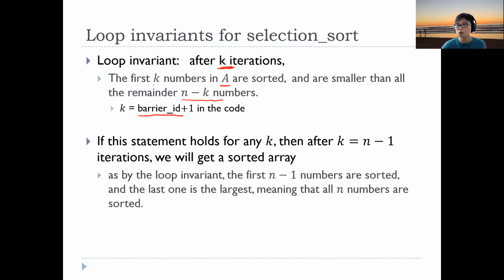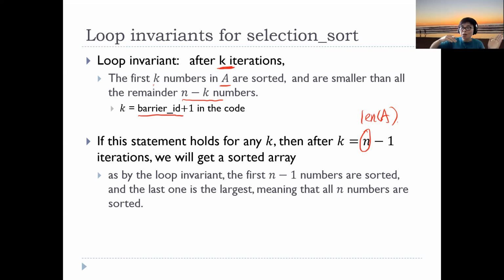Why is this a good loop invariant? Well, we note that if this loop invariant holds for any iteration ID k, then what does it mean after k equal to n minus 1 iterations, where n is the length of your array? That means that after n minus 1 iterations, the first n minus 1 numbers are already sorted.